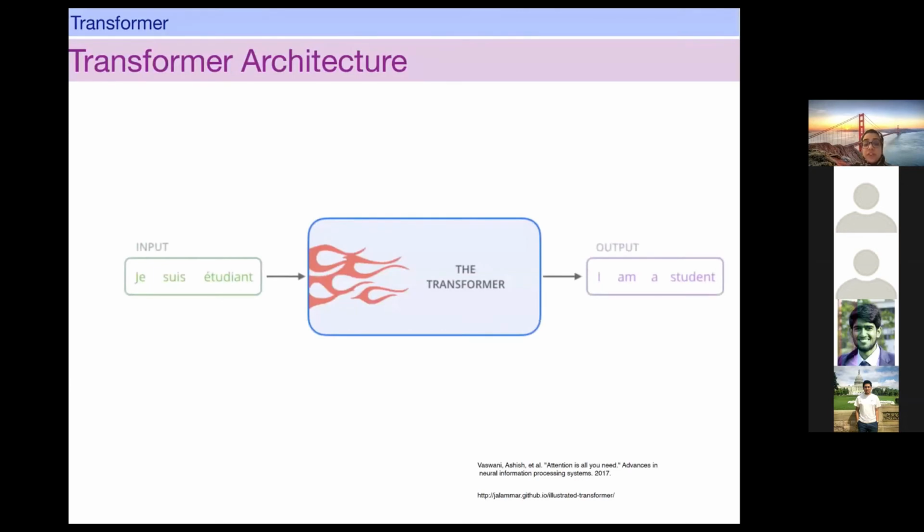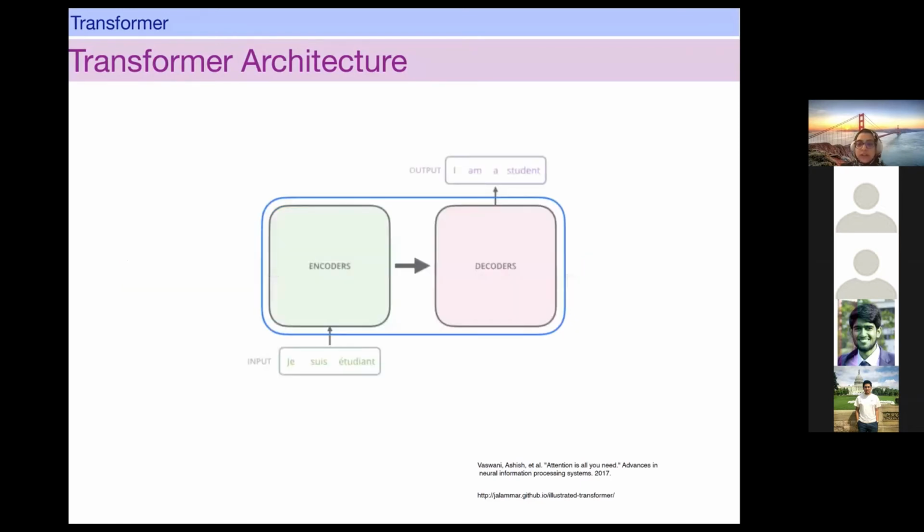The transformer was first designed for machine translation. We have an input, we pass it through the transformer, and we want to make an output. And like we said, these are variable length input and variable length output. Like we had previously, we have an encoder that encodes the input and a decoder that produces output. So far, it's basically the same structure.